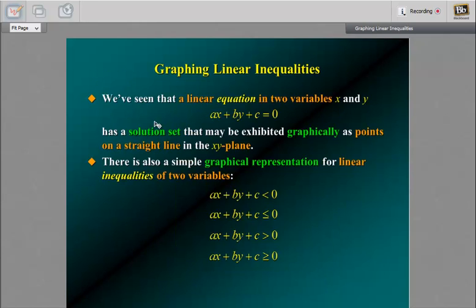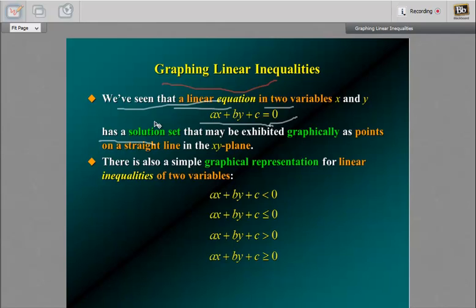So here he says that graphing a linear inequality, we see that a linear equation of the variables, ax plus by plus c is equal to 0, is the equation of a line, and has a solution set.